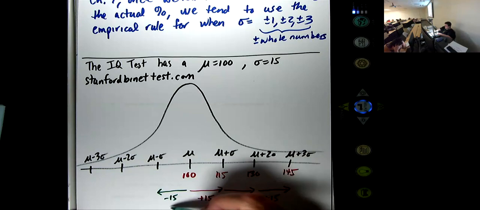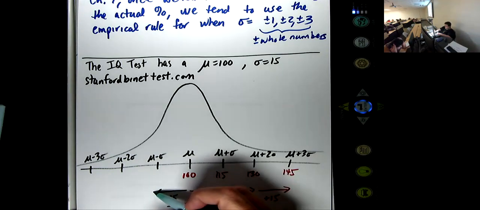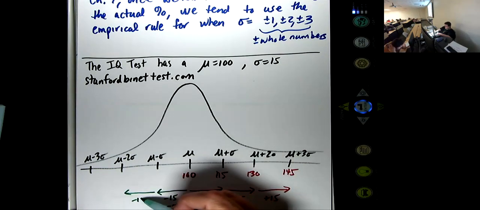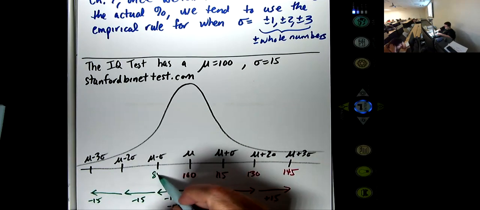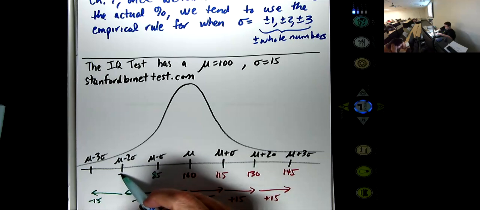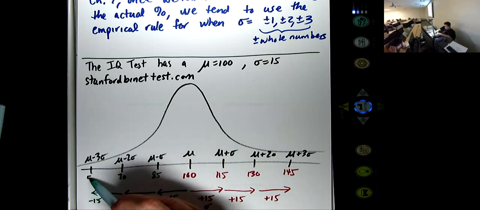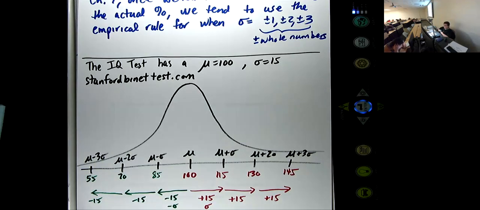Minus 15, minus 1 deviation. This gets us 85, 70, and 55. So that's how the curve works.